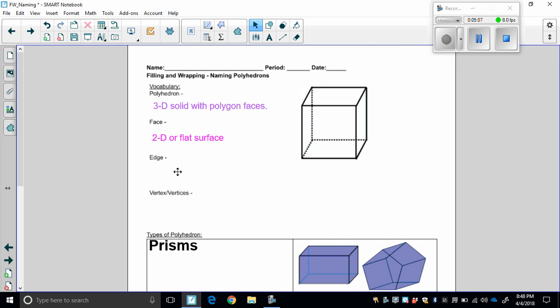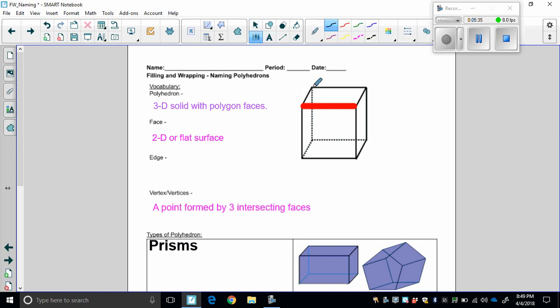And the edges are just line segments. If I took this red tool, this is an edge here. It's where 2 of the faces intersect. And the vertices are just the points, right here, where 3 faces intersect.